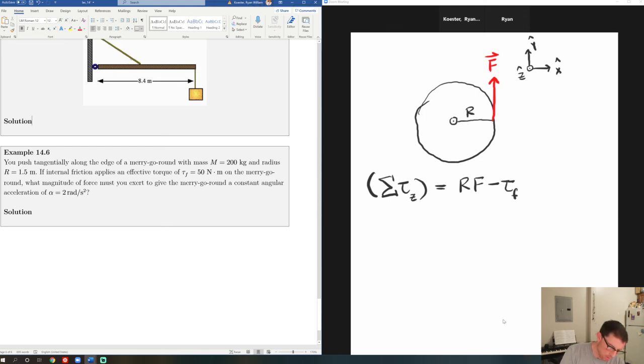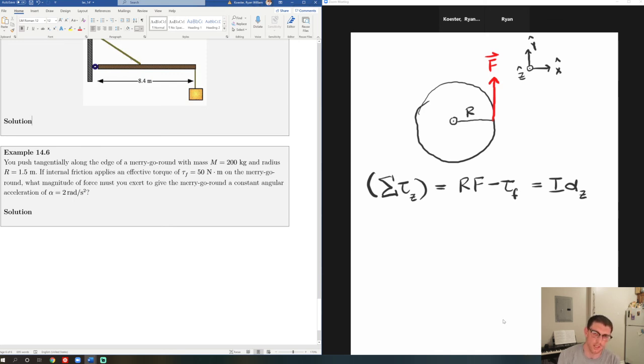And remember that this is going to equal the moment of inertia times the angular acceleration in the z direction. We're going to assume that the directionality of the angular acceleration corresponds to the direction of the torque applied by you, which I think is a very sensible thing.